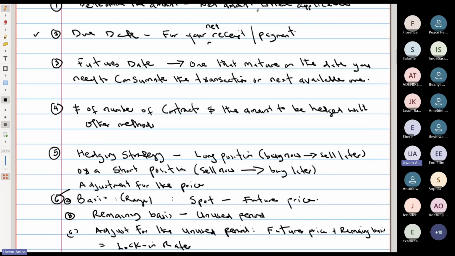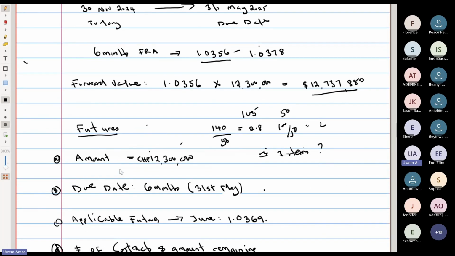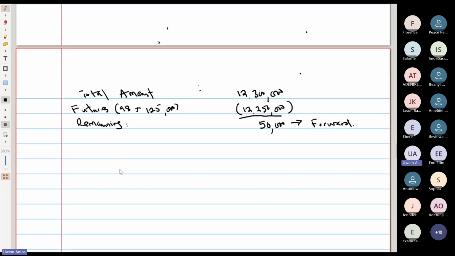Now, it's a question practice session, so I don't want to spend too much time on this, but I'll take a minute or two to explain the hedging strategy, because it's the same strategy that applies for the stock market as well. So that is our hedging strategy.